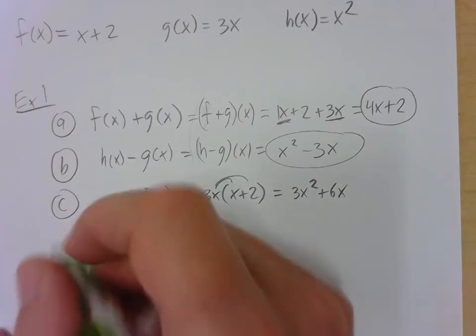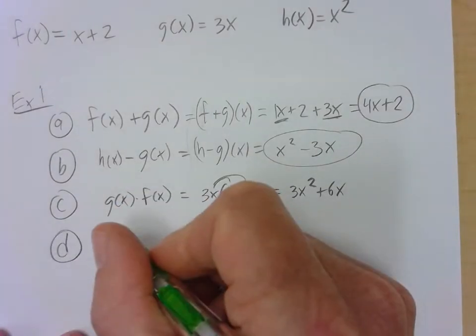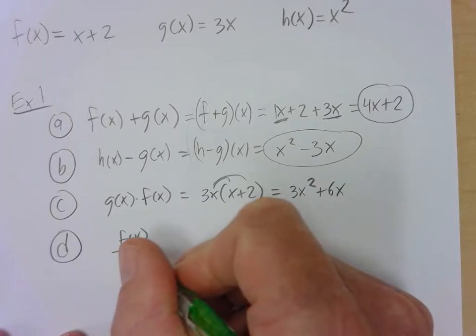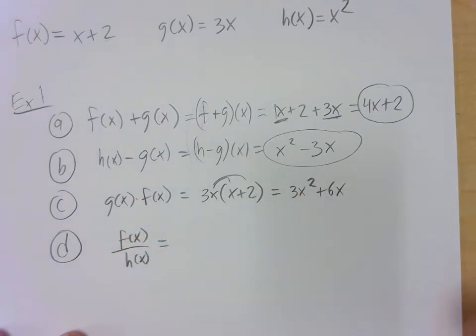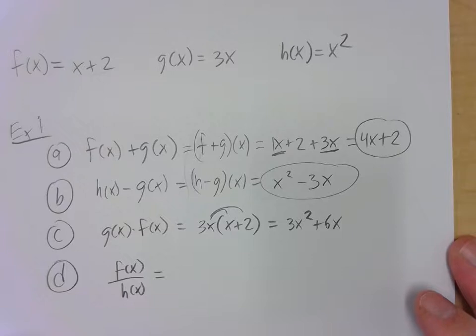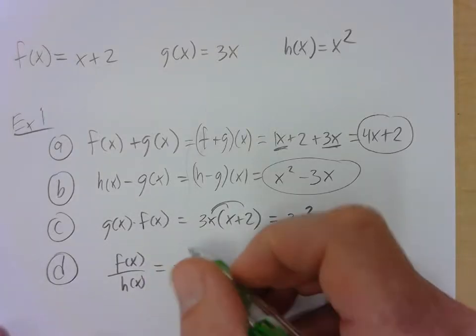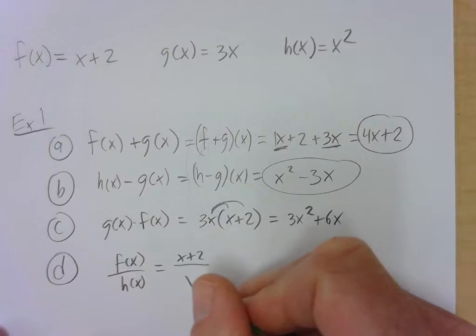And then D will divide two functions, f of x divided by h of x. And you literally just make a fraction. So you write down the h function on the bottom, f function on the top, so it's x plus 2 over x squared.